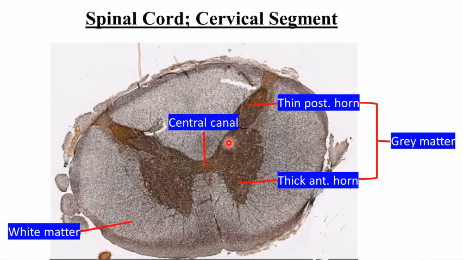The gray matter is formed of nuclei, unmyelinated nerve fibers and neuroglia. We have 2 dorsal or posterior horns which contain sensory nuclei, and 2 anterior or ventral horns containing motor nuclei.